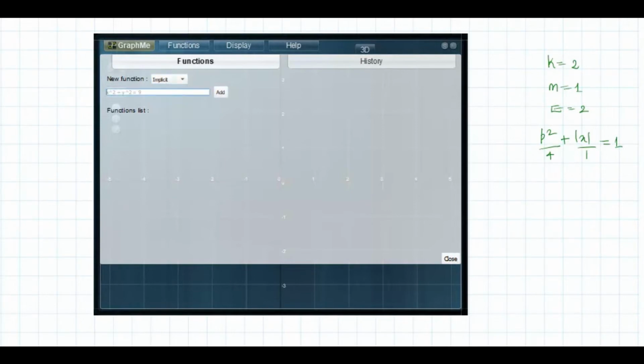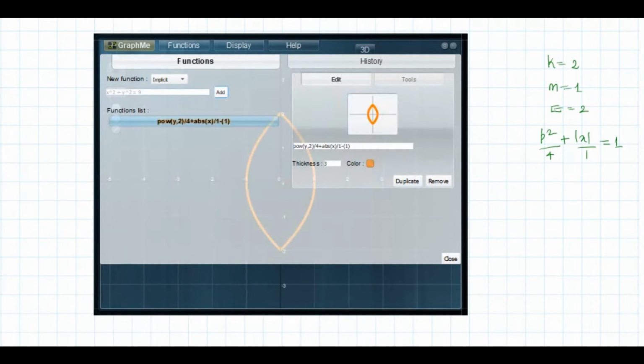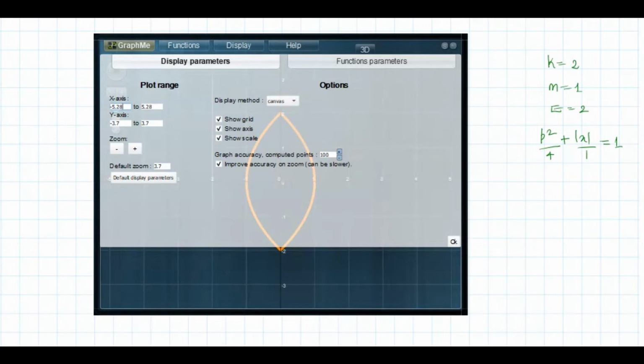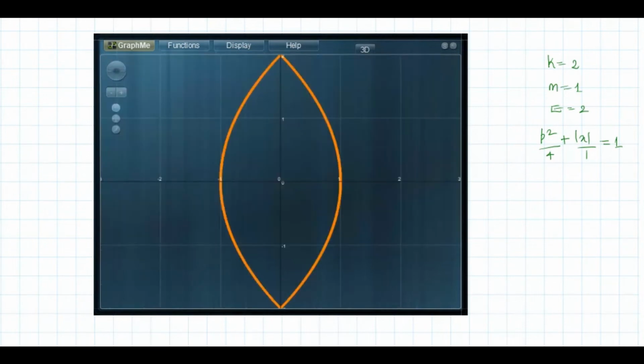P square, vertical axis it is y. So y square divided by 4 plus absolute value of x divided by 1 equal to 1. It will be like this.